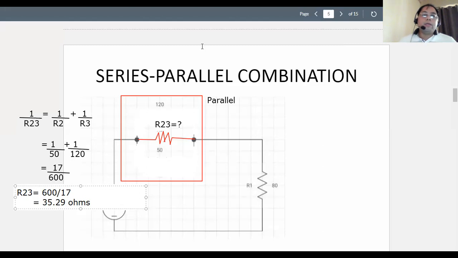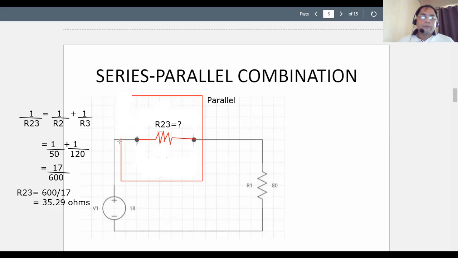Now again, why are we looking for the value of R23? Because after combining the previous two resistances, we are now able to end up with R23. Now, if we look at R23 and R1, you'll notice that they are now connected in series.